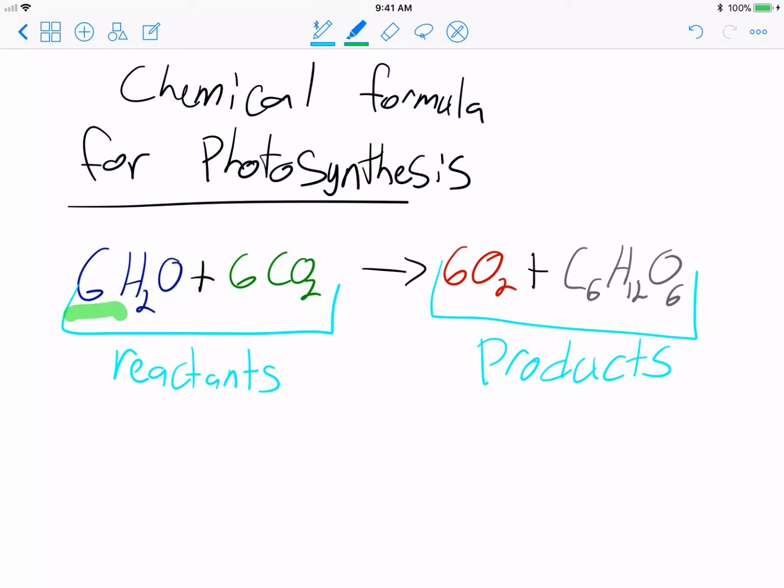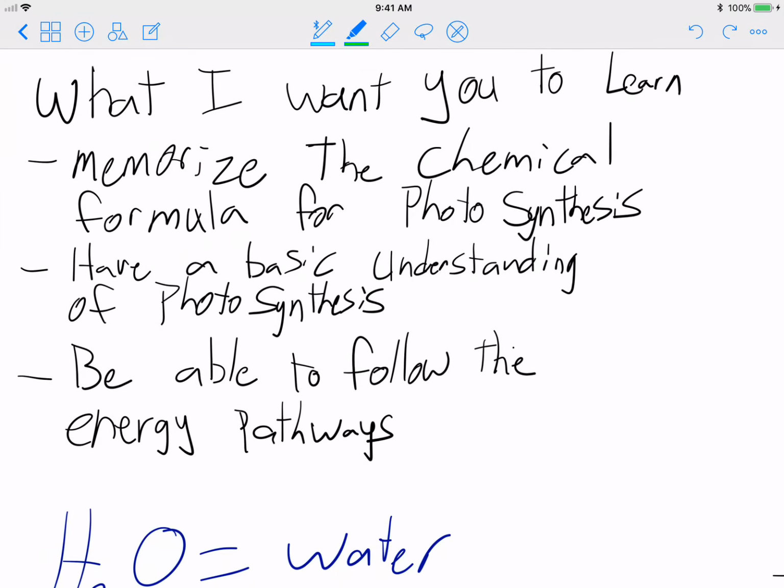We've got 6 water plus 6 carbon dioxide plus 6 oxygen. Now, don't look into that very much. It's just a way to remember, right? But 6 water plus 6 carbon dioxide creates 6 oxygen and glucose, C6H12O6. And that's just how things work out, okay? So that's our first thing we wanted to accomplish. It's the first thing we wanted you to learn, so check mark there.